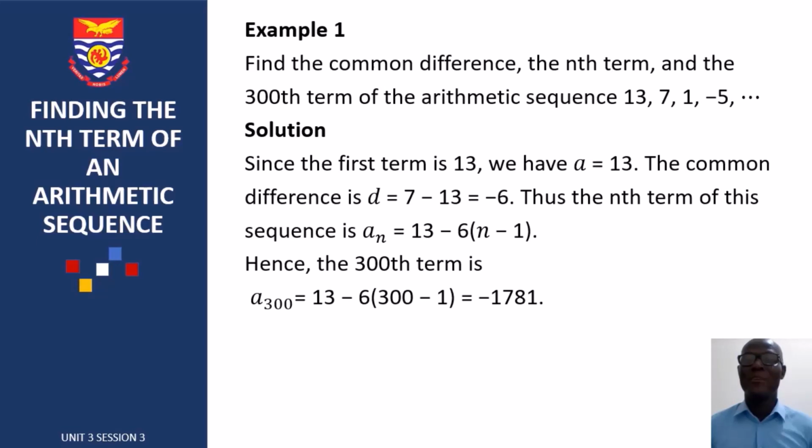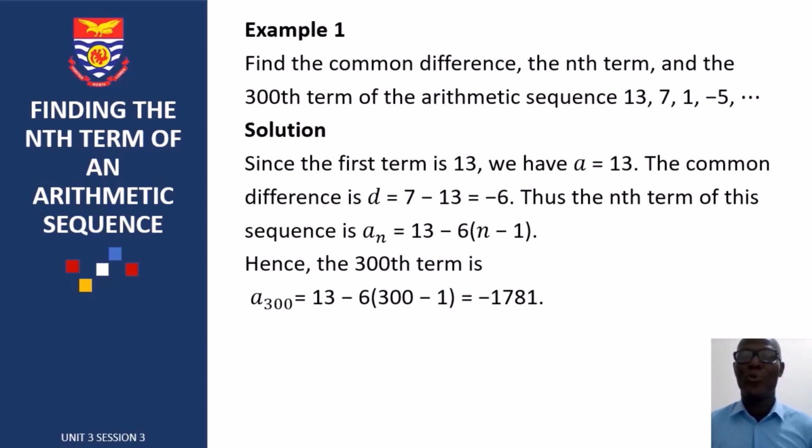The common difference is given by D is equal to the second term minus first term, that is 7 minus 13, which is -6, or the third term minus the second term, which is 1 minus 7, which is -6, or the fourth term minus the third term, which is -5 minus 1, which is -6.